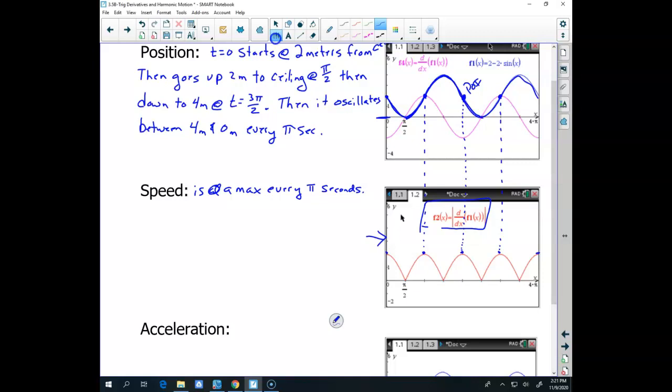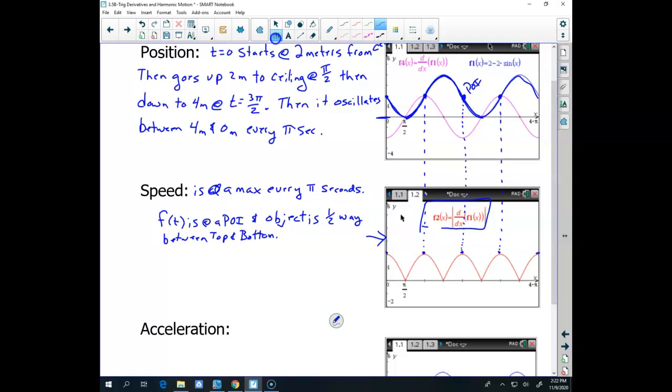So every pi seconds, f of t is at a point of inflection, and the object is halfway between top and bottom every time it's at its max speed.